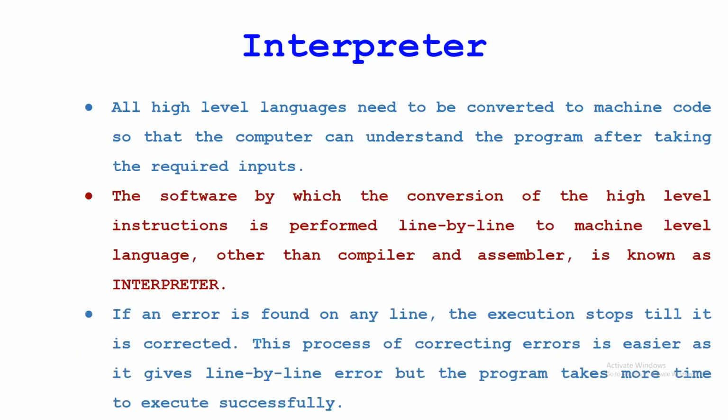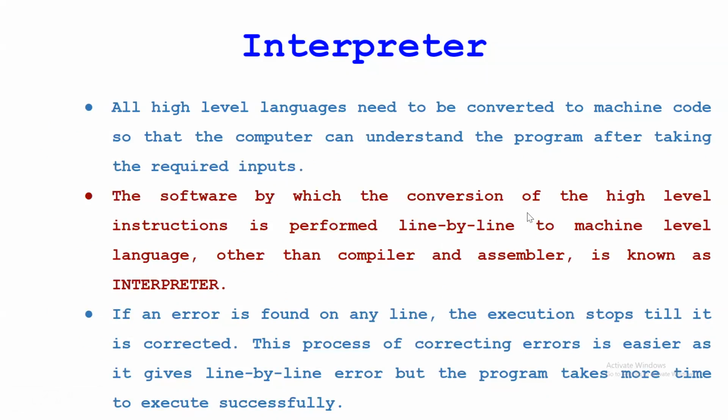Here I have written the same thing, not necessary to explain again, I'll just read it. All high level languages need to be converted to machine code so that the computer can understand the program after taking the required input. Same meaning. Now second is the software by which the conversion of high level instructions is performed line by line to machine level language. Now here this word is important: line by line.